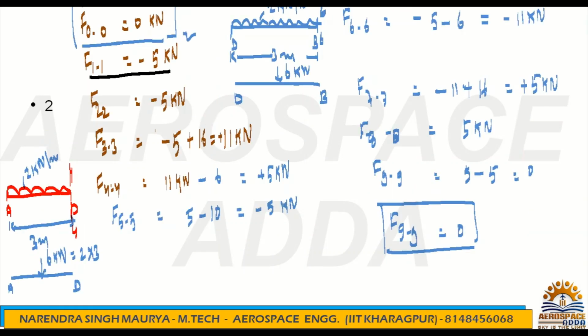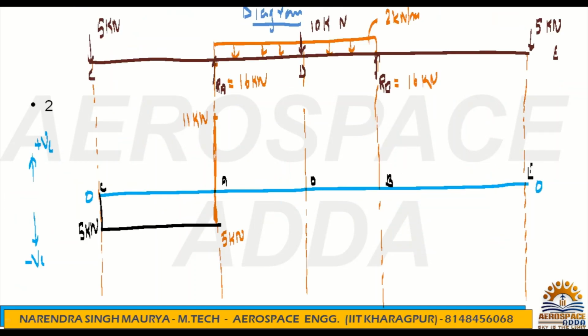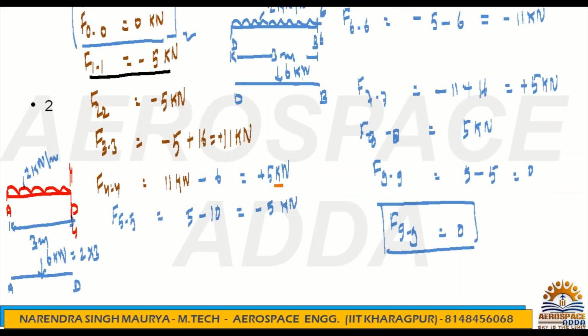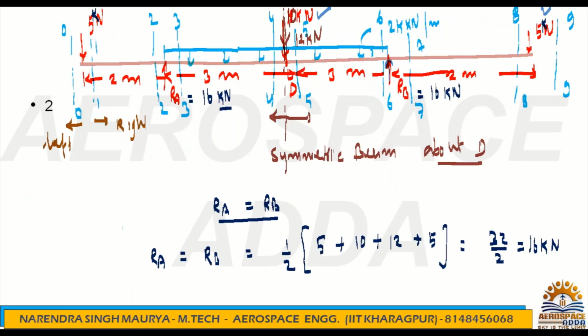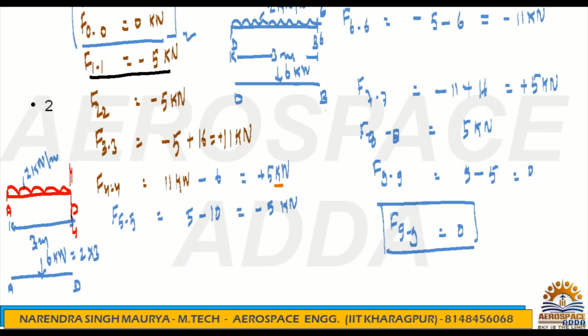Now coming to the 4-4. Again, 4-4, if you go, it becomes 5 kilonewton plus, meaning somewhere here it is reduced to 5 kilonewton. So this line and this line, how will you meet them? Because this is the UDL, and in the shear force diagram, UDL you have to draw by an inclined line. So you have drawn that. Again, after D, see this numbering I am following. After D, it is 5-5. Check, what is the 5-5?